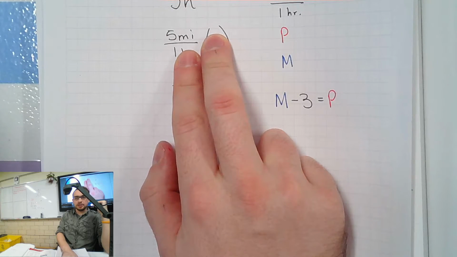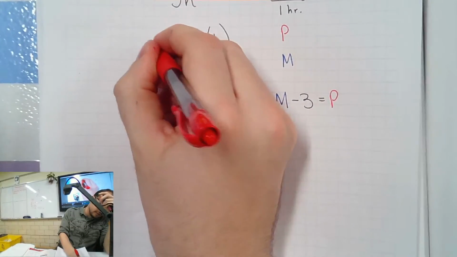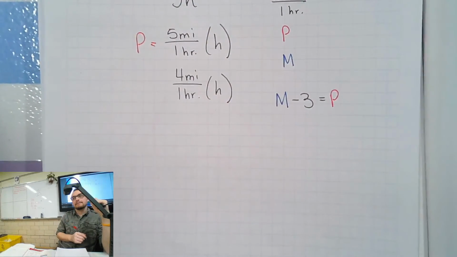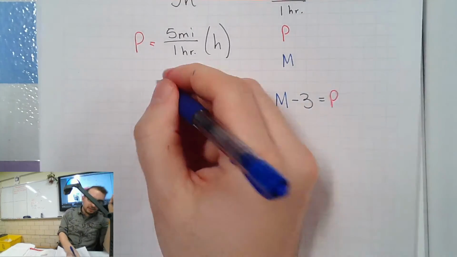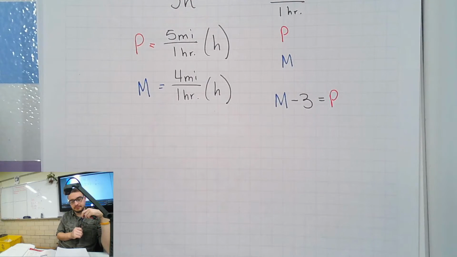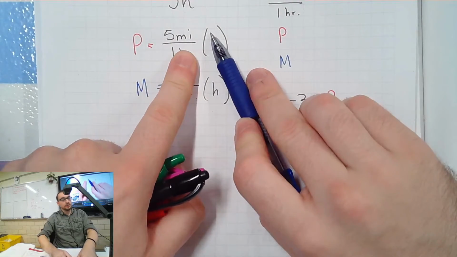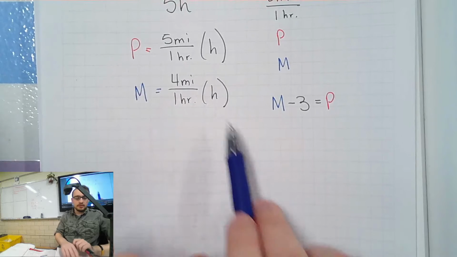Isn't miles location? Well, that's Pablo's location. That's P. Isn't this Marco's or Mark's location? Do you see how these are locations? Because hours and hours cancel and we get miles. So these are the same.